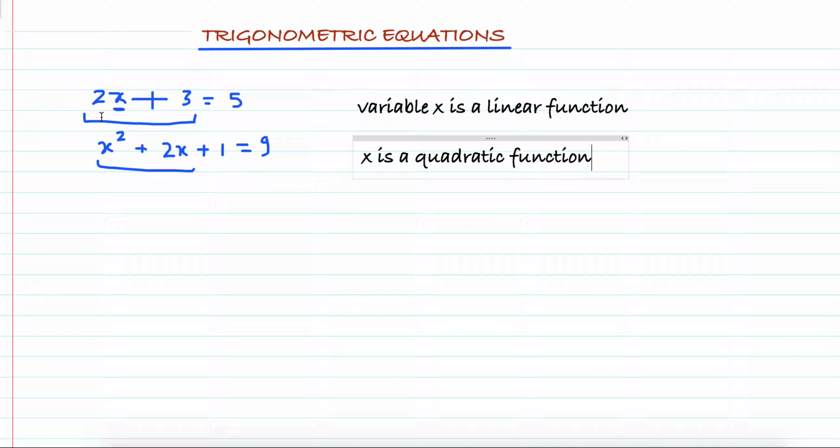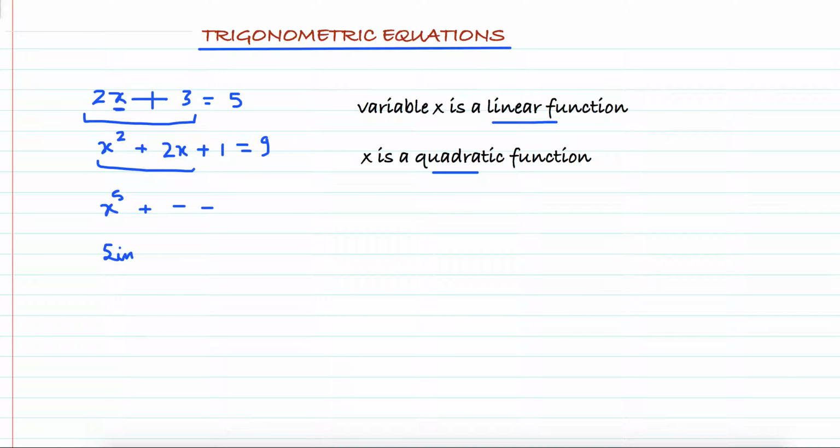Or x can take some generic powers, like some polynomial function x to the power 5 or something. So x can be part of a linear function, quadratic function. Similarly we can have x in the form of trigonometric functions.